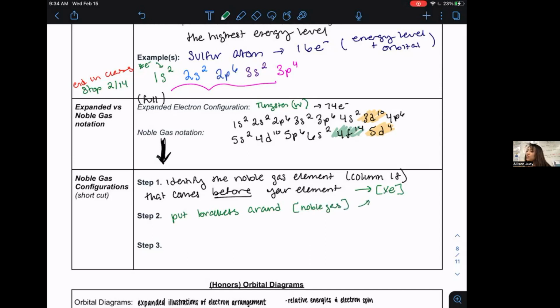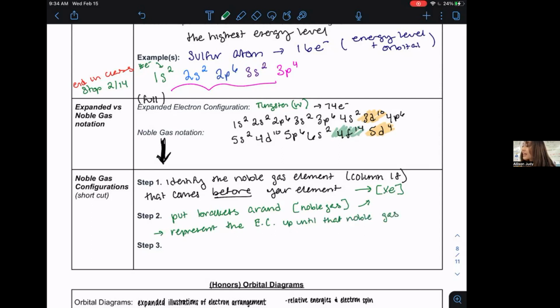What that bracket does is that it represents the electron configuration up until that element, that noble gas.